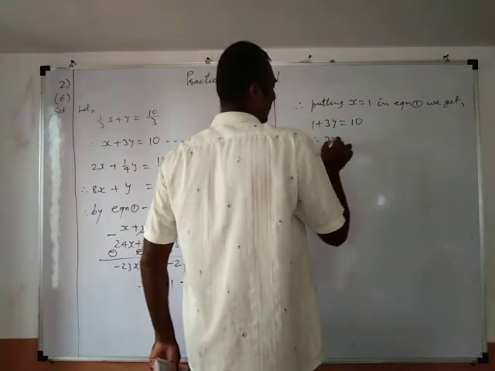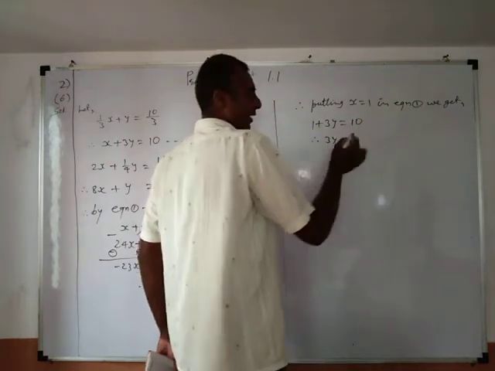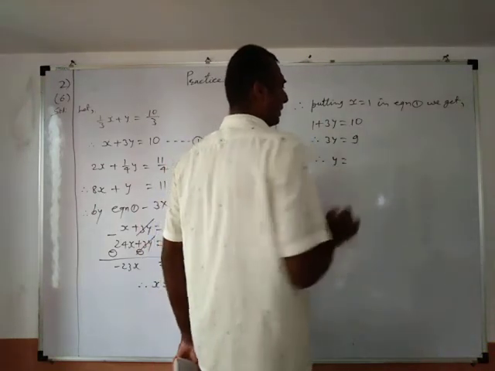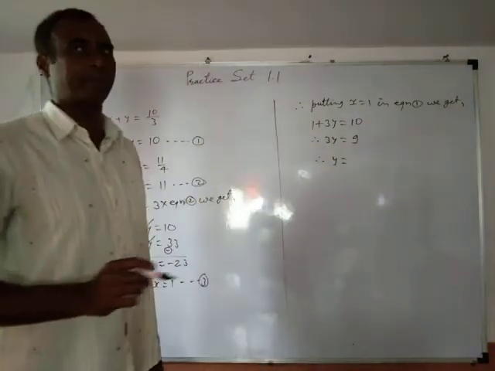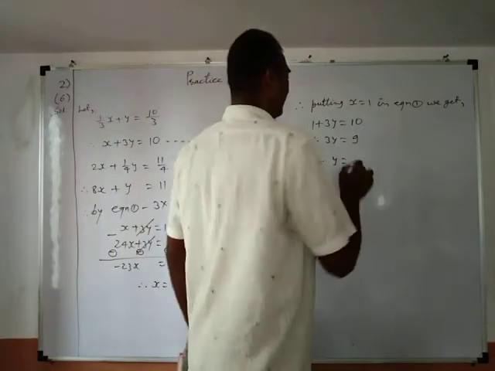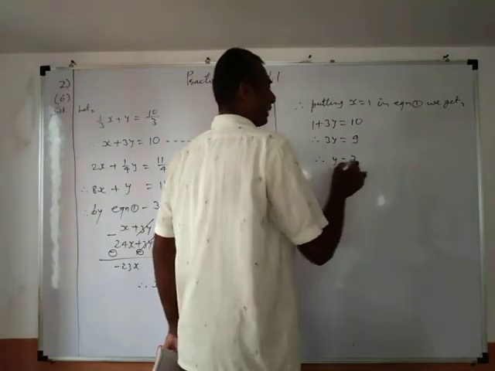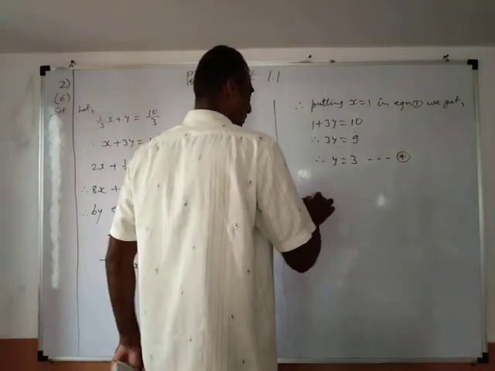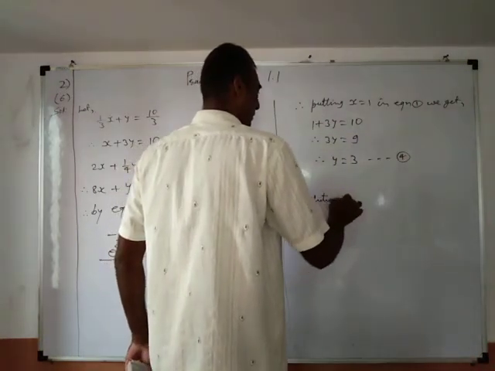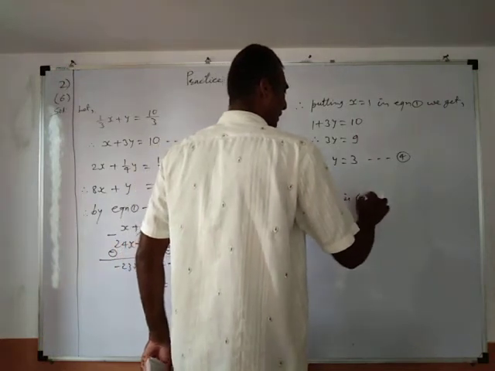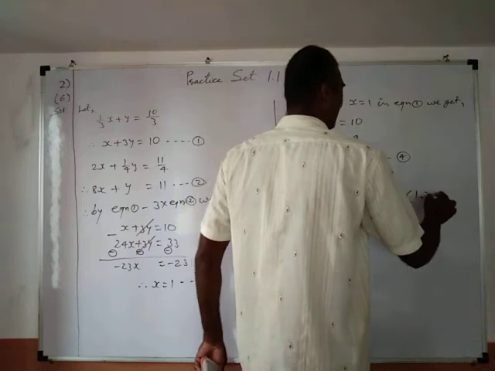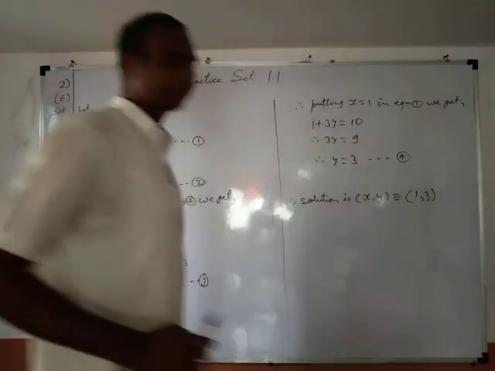Therefore, 3y equals 10 minus 1, which is nothing but 9. Therefore, y equals 9 upon 3. 3 threes are 9. Therefore, y equal to 3. Equation 4. And therefore, the solution x comma y is 1 comma 3. Okay.